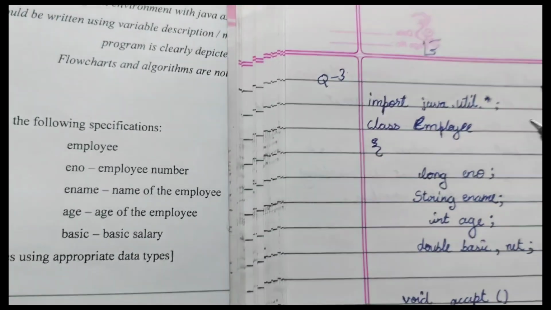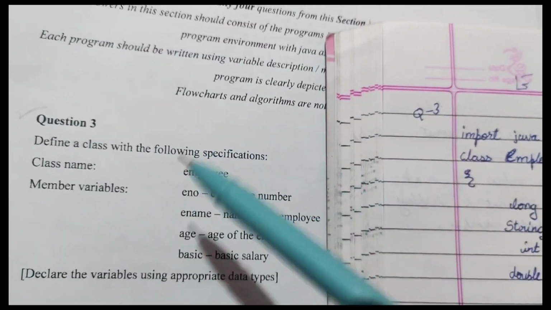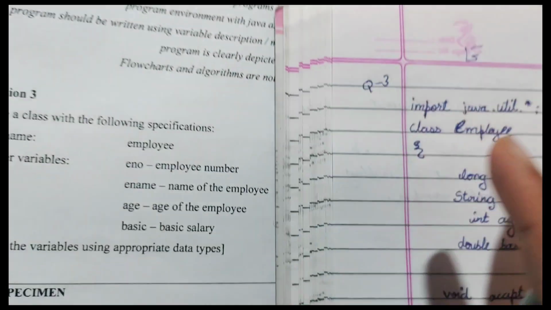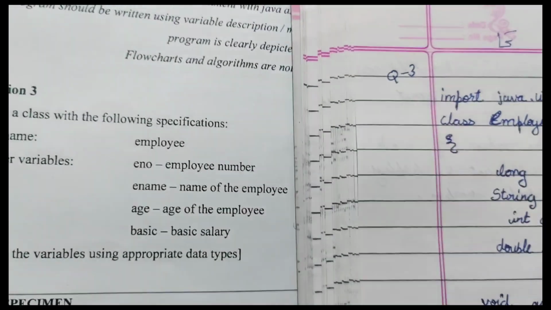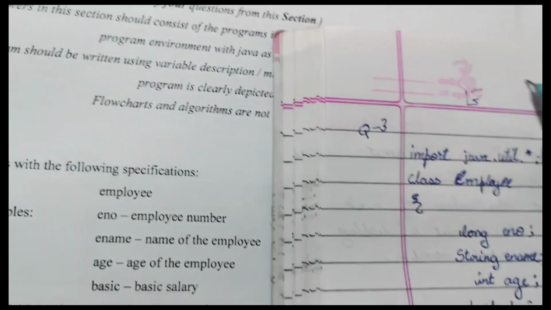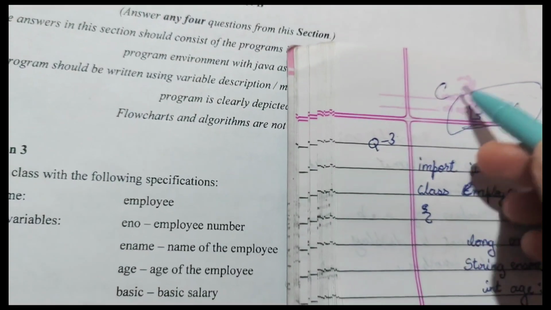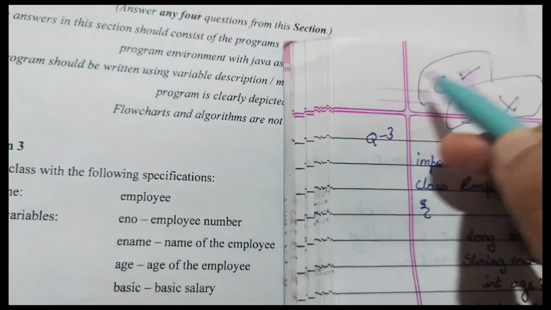Here E is in small letter, so we have to write small letter. In the question paper, see how the format is, and initialize those variables or alphabets in the program. Do not write this E, wrong. This E is correct as in the question.